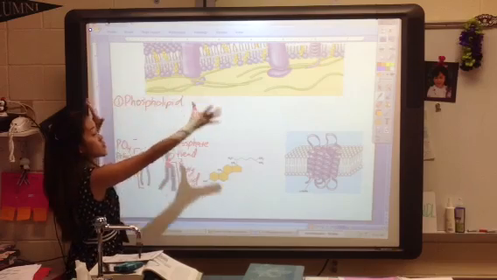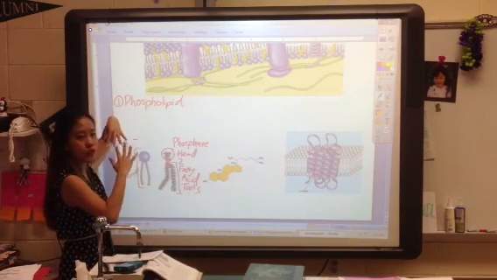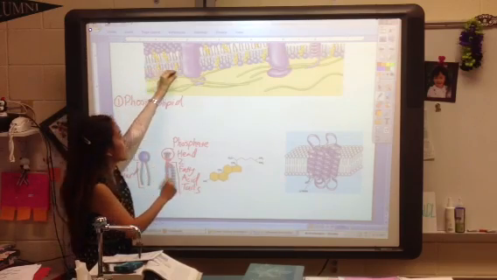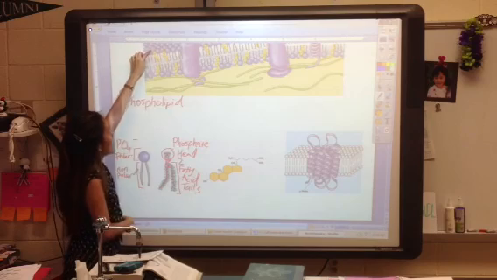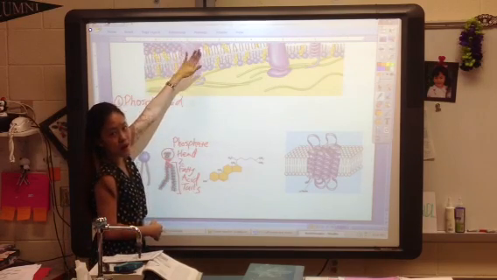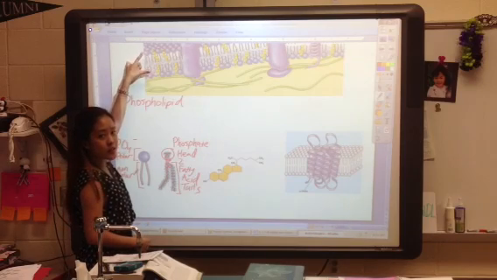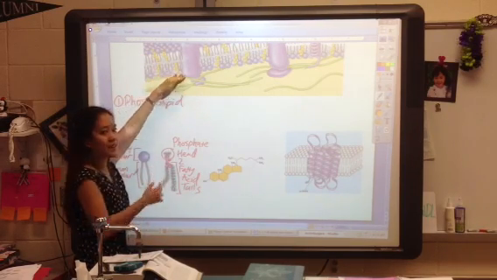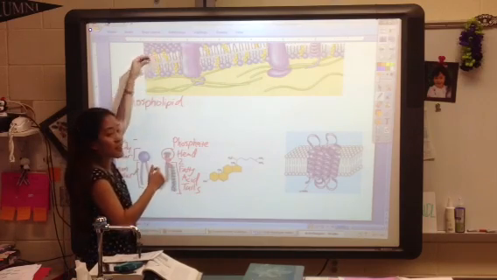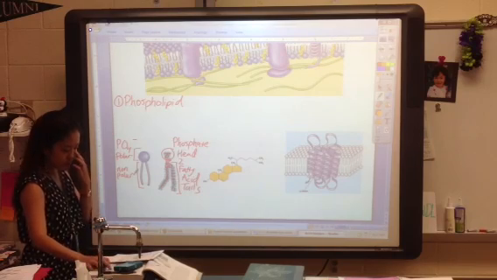When we're forming the cell membrane, the same thing happens, except we're forming a bilayer, two layers. We have the heads on the outside touching the cytoplasm, the watery fluid. We have the heads on the outside touching the water outside of the cell. And those hydrophobic tails are going to be on the inside, hiding within the membrane. So hydrophilic heads outside, hydrophobic tails inside. And that's how we form our cell membrane.